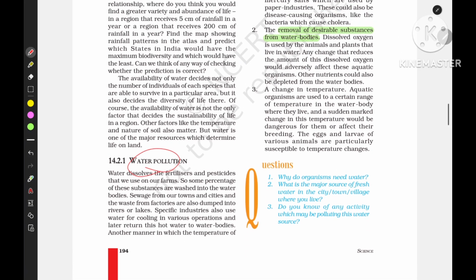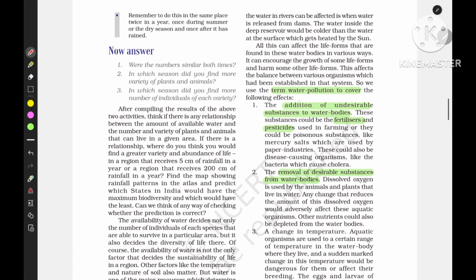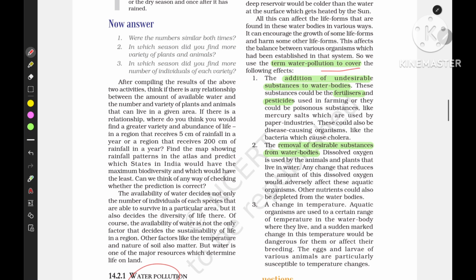About water pollution, the term water pollution covers the addition of undesirable substances in water bodies, and these substances can be fertilizers and pesticides.